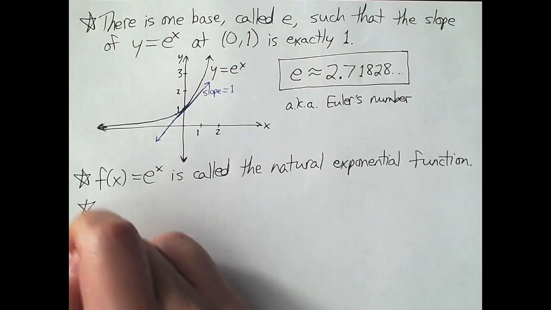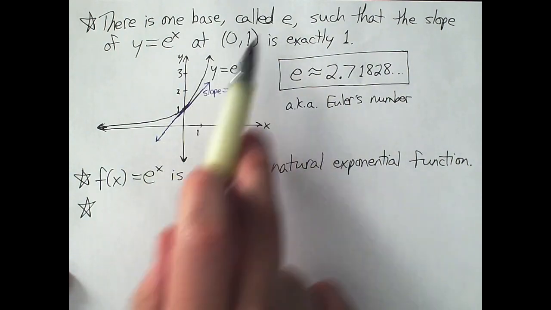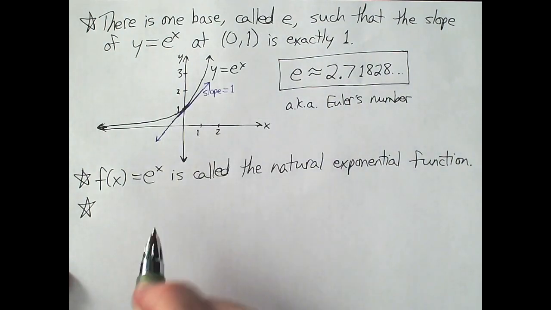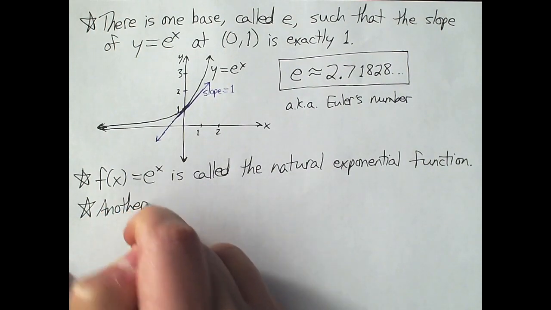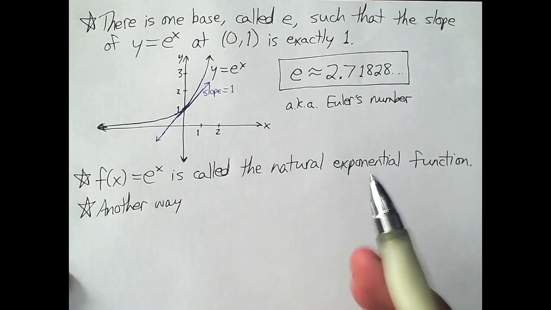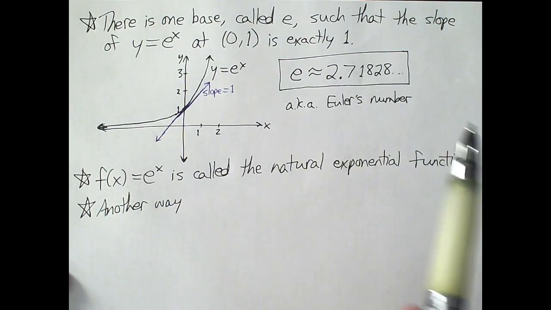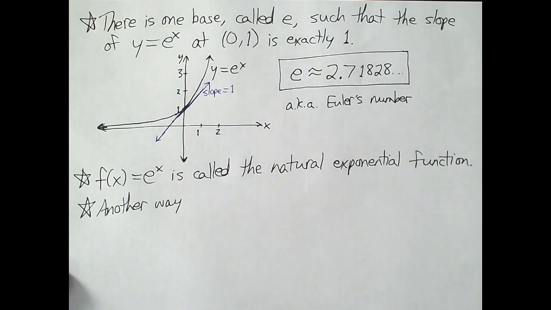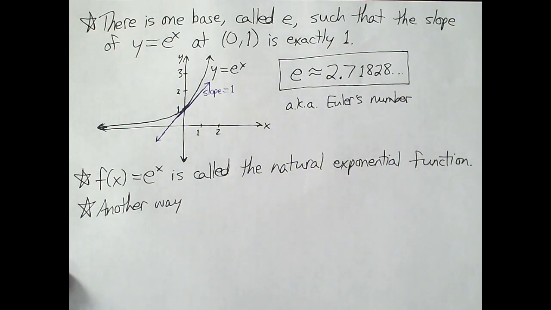I'll tell you another way to define e. Maybe you look at this and say, well, that's kind of weird, defining e based on the slope of the tangent line. We don't want to define e to just say e is some number that's around 2.7 and it has special properties, because that's not very precise. That's kind of vague. And you can't actually list out all the decimal digits of it.